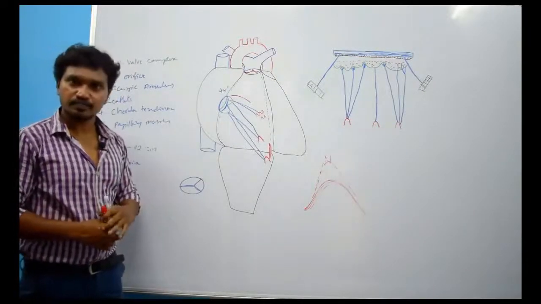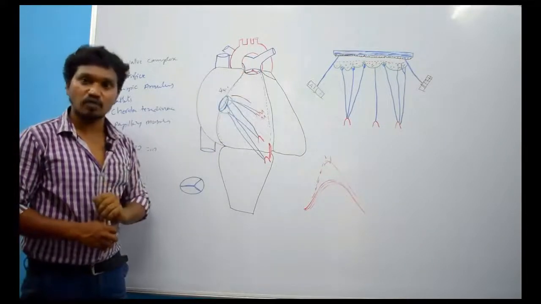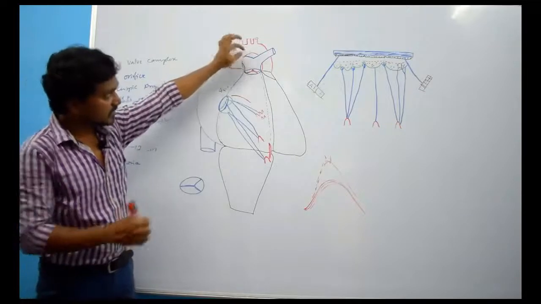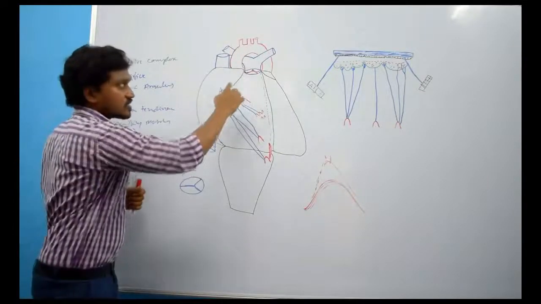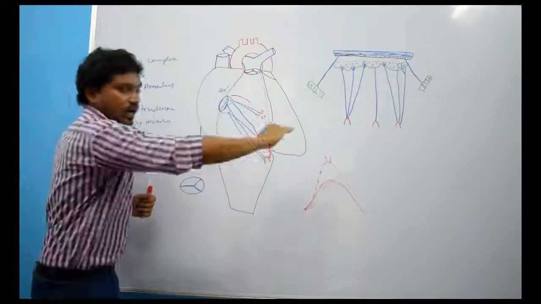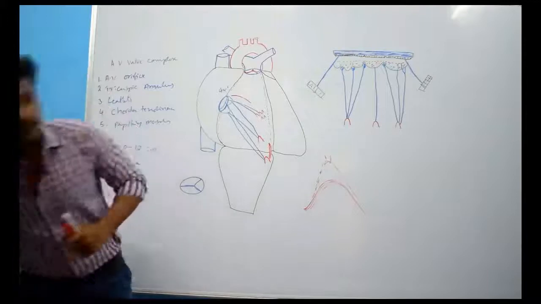Clear? To explain about the semilunar valve, I am making a section here and stretching it, so that you can see all these leaflets in the horizontal plane for our explanation. Is it okay?